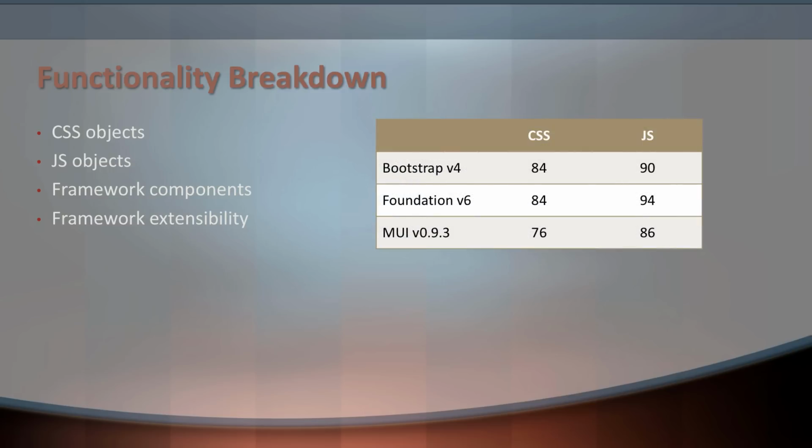And then we also looked at the framework's extensibility. Can you build on top of the framework? Can you customize the framework? Again, these are some examples that we looked at where we're calculating the total functionality of the framework based on the framework's attributes, which we have here listed to the left.